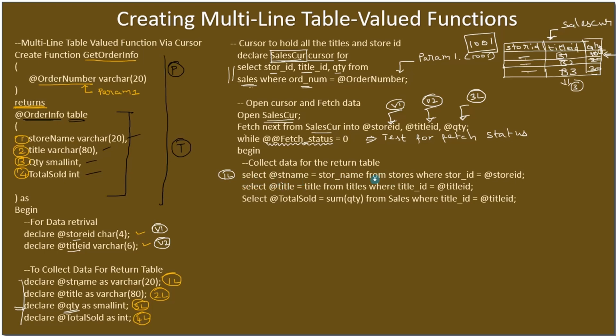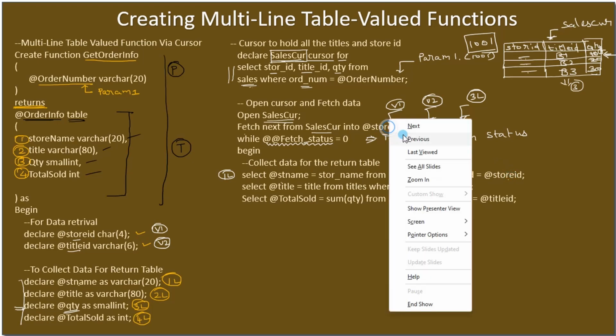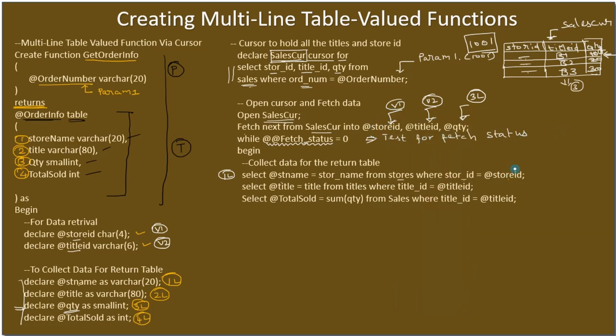Select store name from stores, this is the table, where store ID equals store ID. Store ID we already retrieved here, V1. So the retrieved value we are supplying here to form the where condition, and this will return a single data. Store name it will return, and that store name we are storing under the local variable. So now 1L is ready, and 3L is ready.